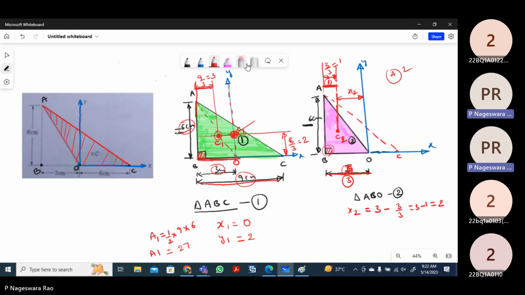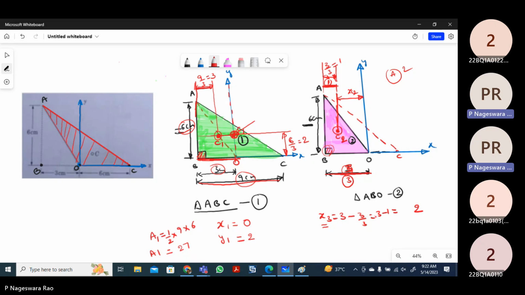Sorry, I'll write it a little separately here. x2 is equal to, as per the formula, 3 minus 3 by 3, that is 3 minus 1, which is equal to 2 only. But x2 is in the second quadrant, because we observe the C2 point for this triangle ABO is in the second quadrant.